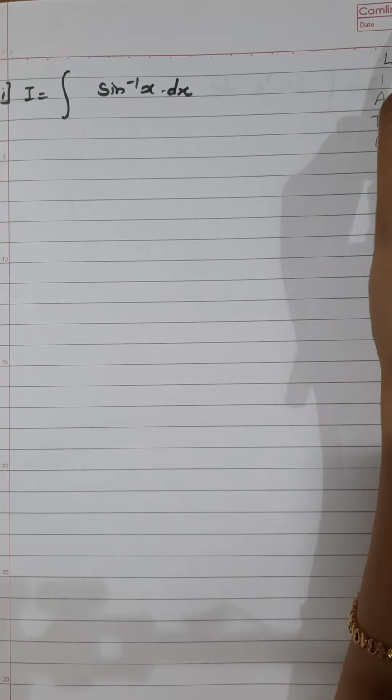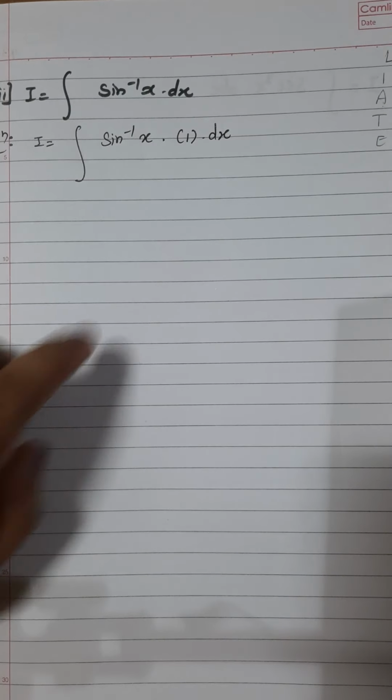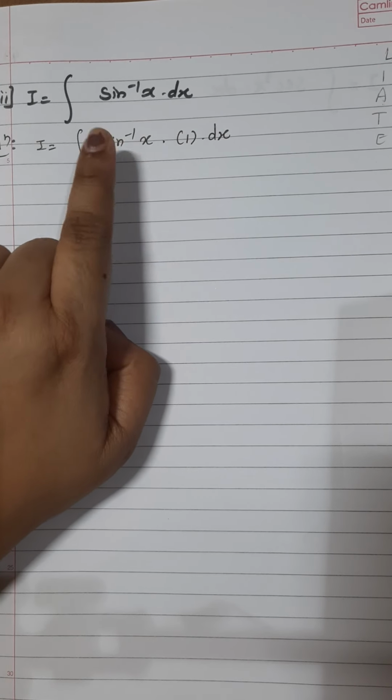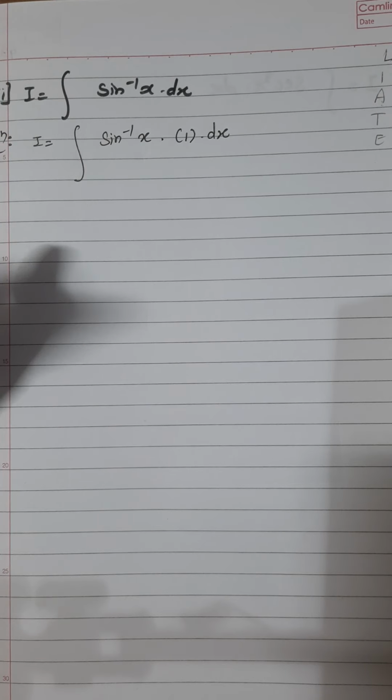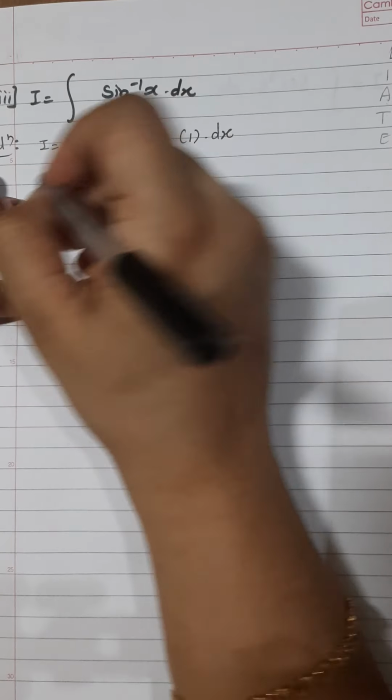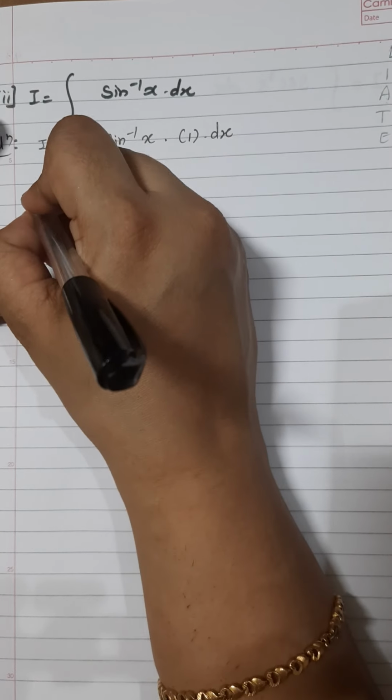Obviously it would be between a, t and e, so we will choose algebraic, and we will write this as I is equal to integration sine inverse x into 1 dx. Okay, so this is our algebraic function. So this is u into v, the term remains unchanged, and we can just apply the uv rule to solve this.